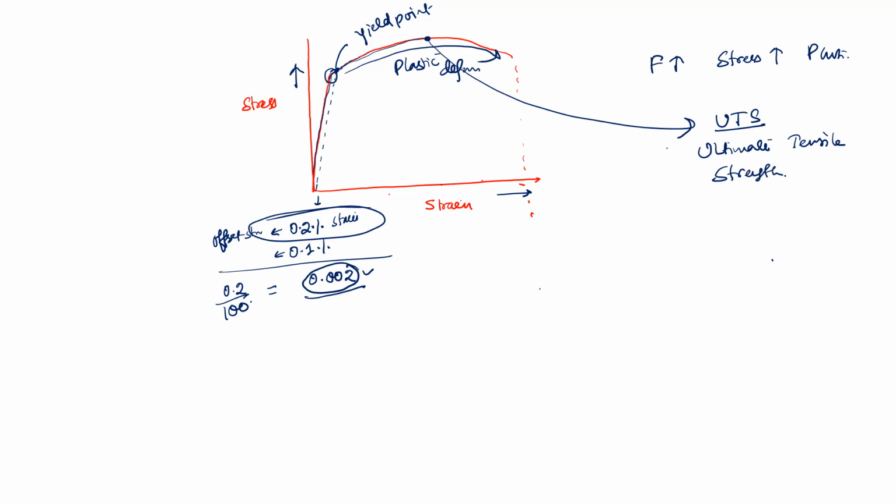Everyone, now after this UTS, this maximum limit, the stress again starts decreasing, and finally the material breaks at some stress, the last stress which the material holds. This is called the fracture stress.